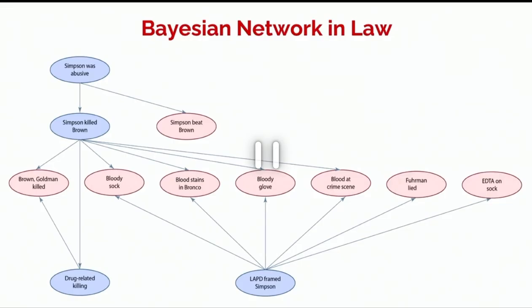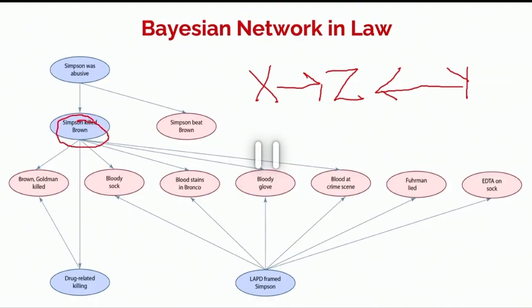I talked about collider, a situation where X causes Z, please pay attention, and Y also causes Z. We're going to have a collider in the sense that if O.J. Simpson is guilty, if Simpson killed Brown, there is a possibility we're going to see a glove stained with blood in the crime scene.